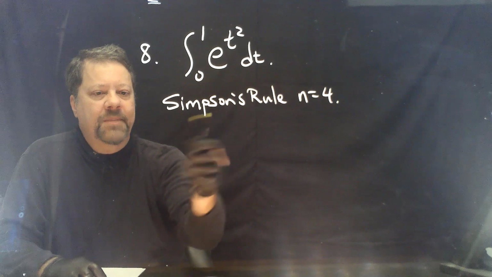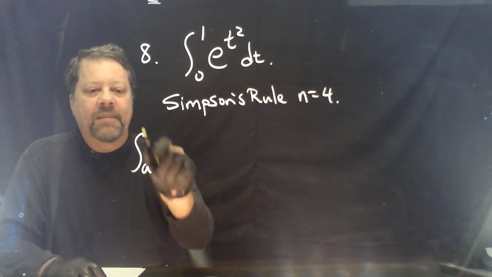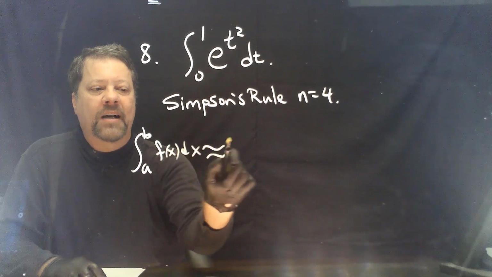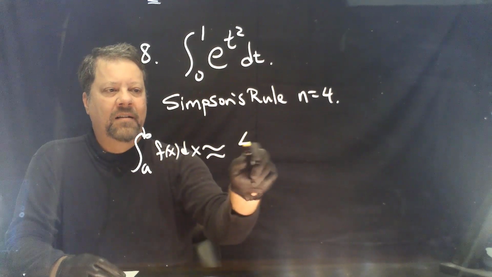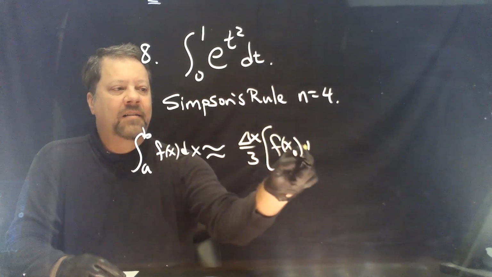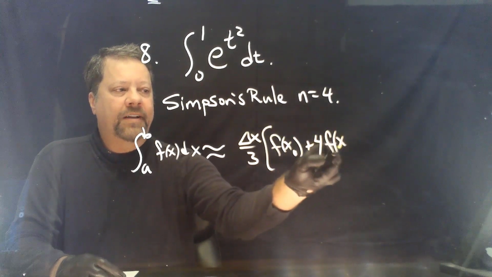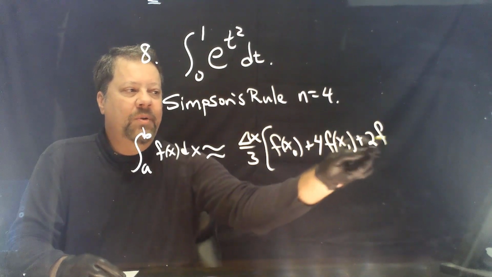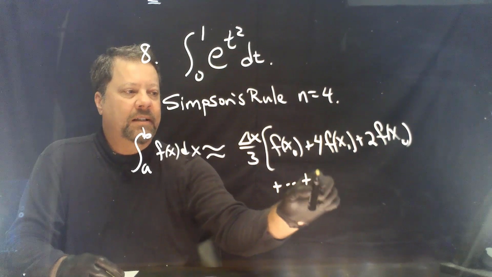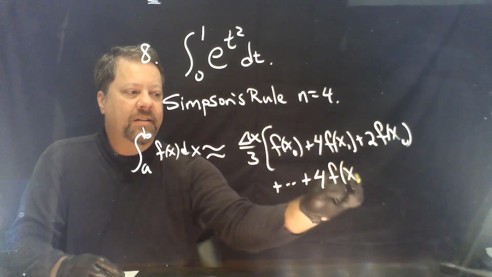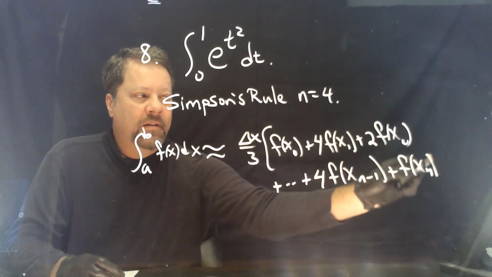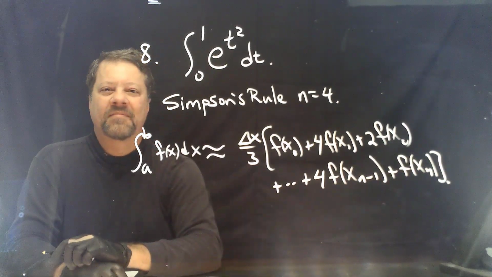You recall that for Simpson's rule, the integral from a to b of your function is approximately equal to delta x over 3 times f of x naught plus 4 f of x1 plus 2 f of x2. You alternate 4 and 2 from here until you get 4 f of x n minus 1, and then a coefficient of 1 on the last term.